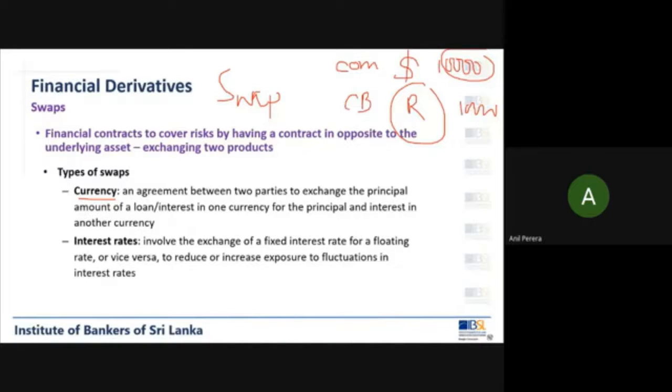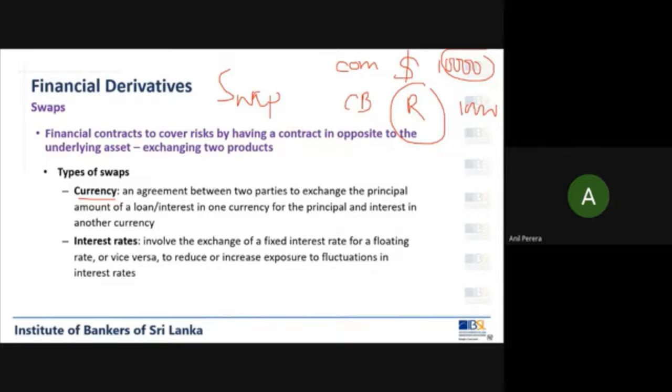So some swaps are there like zero cost swaps where you don't pay any swap points, but usually that involves some swap points as well. Okay, so this is the most simple way that I can explain a currency swap.